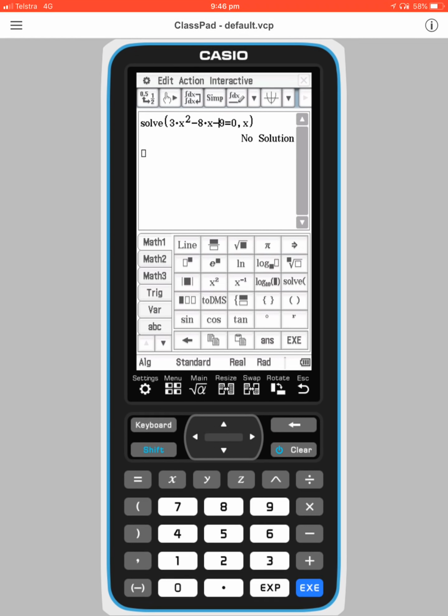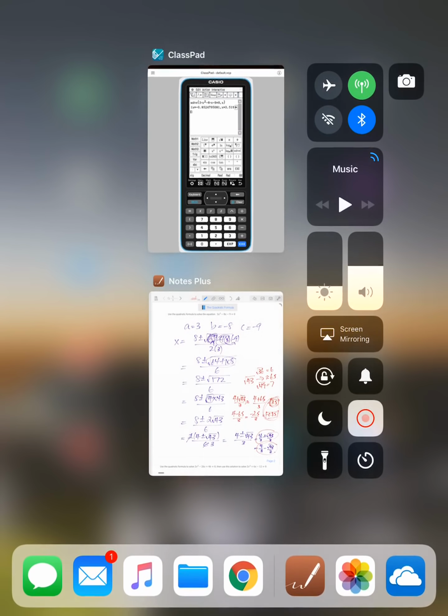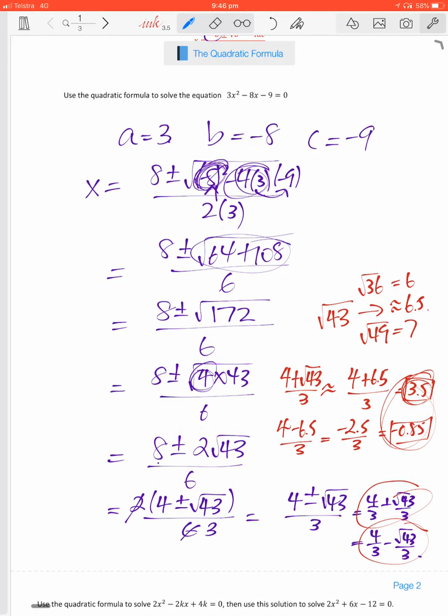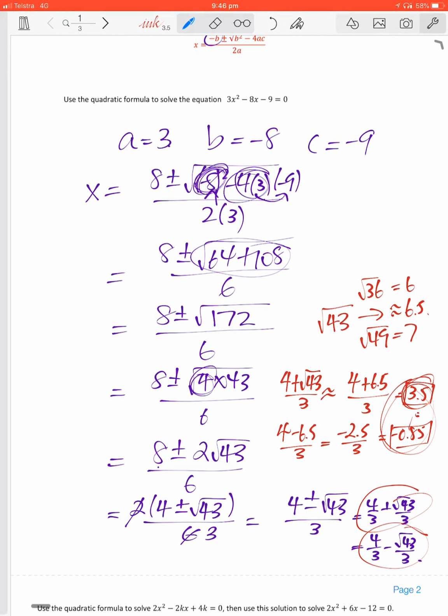Oops. Okay, so that gives us exactly the same solutions that we got. 4 on 3 plus root 43 on 3, 4 on 3 minus. Now if we want them as decimals, just do the same thing and hit enter. Negative 0.85 and then 3.5, which is pretty much what we got. I was lucky.